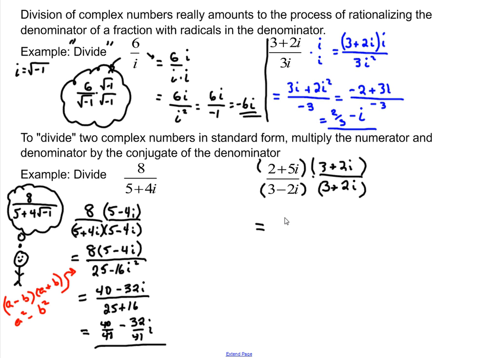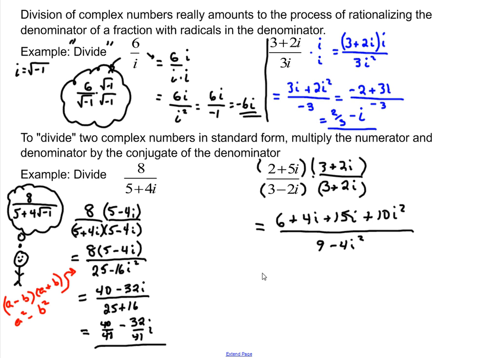In the numerator, 2 times 3 is 6. 2 times 2i is plus 4i. Plus 5i times 3, that's plus 15i. Plus 5i times 2i, that's plus 10i squared. In the denominator, 3 minus 2i times 3 plus 2i, that's going to turn into 3 times 3, 9, minus 2 times 2, 4, i squared.